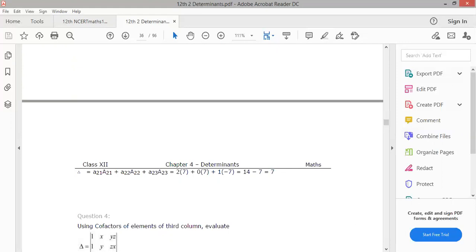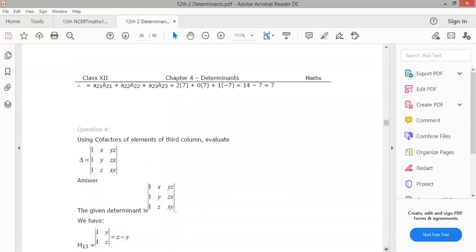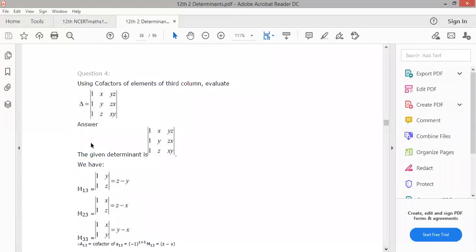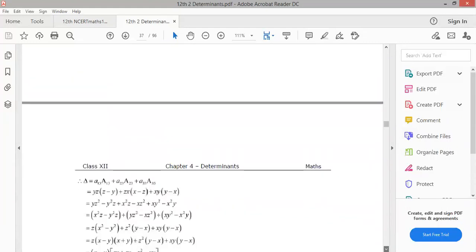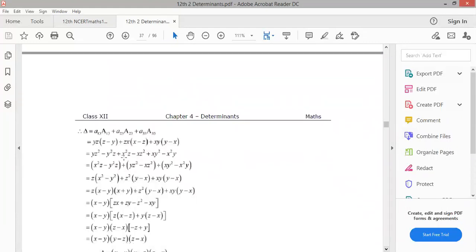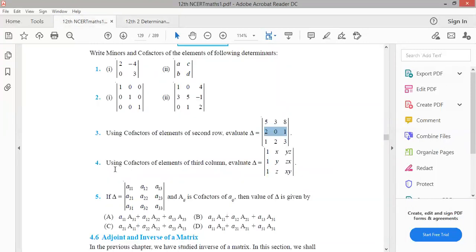On the same lines, we can solve question number 4. The solution is here. I have solved it. The question says using the cofactors of the third column.